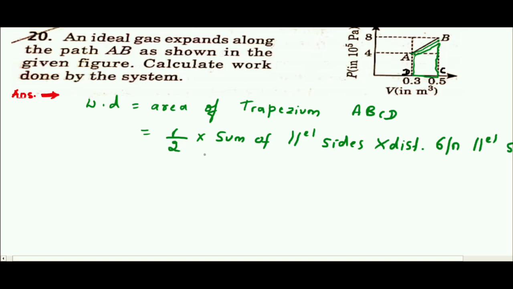So if we put in the values, we get half into, here we take 8 minus 4, that is 4, plus 8, into 10 to the power 5 into 0.5 minus 0.3, which is 0.2.